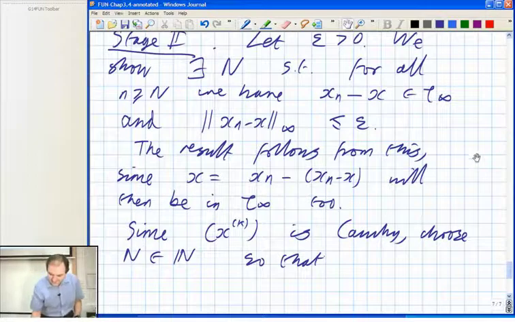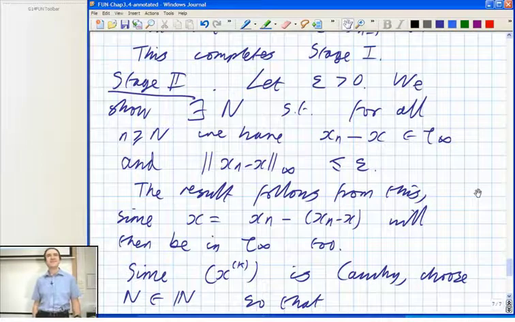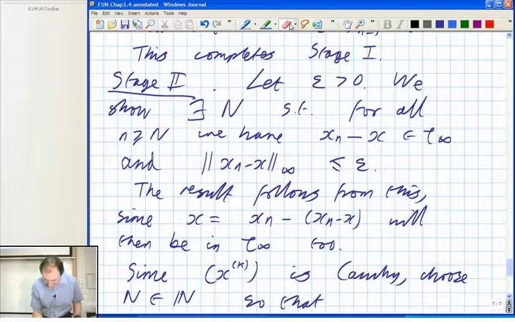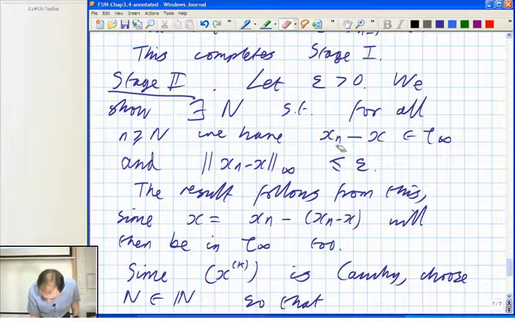Tell me what I've done wrong. And anything else? What is xn and what is x? Xn is a scalar. I've got completely wrong notation here.